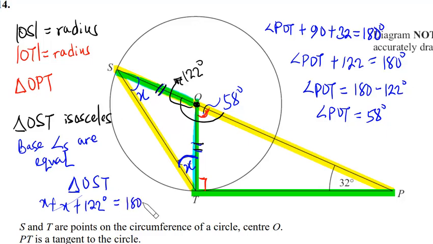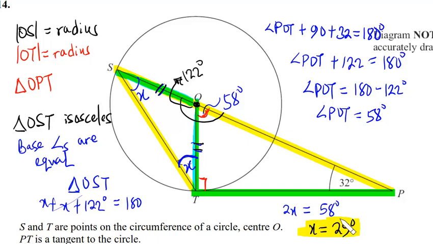Now X plus X is 2X. So 2X equals 180 minus 122 degrees, and that equals 58 degrees. We divide both sides by 2 to find the value of X. So X is 58 divided by 2, and X equals 29 degrees. So the final answer to our question: X equals 29 degrees.